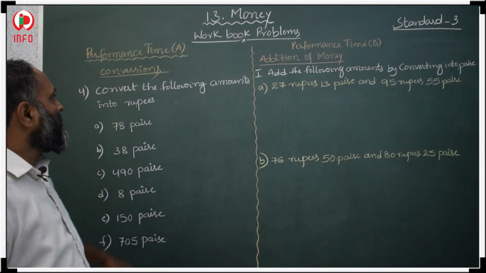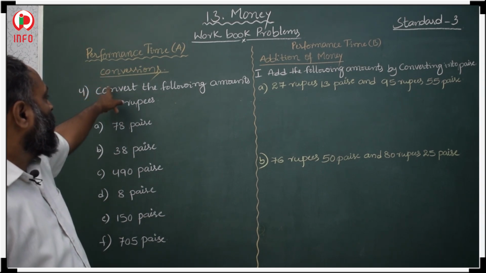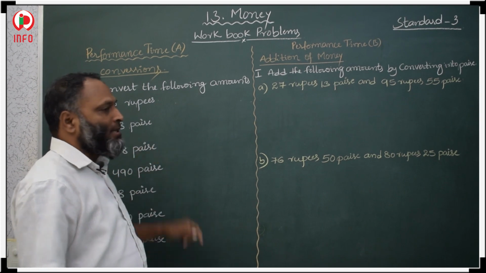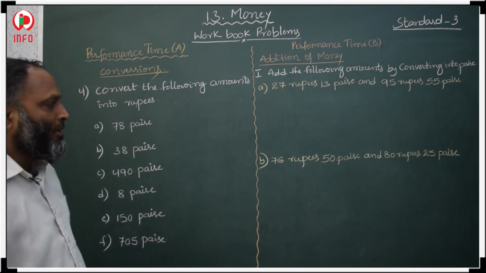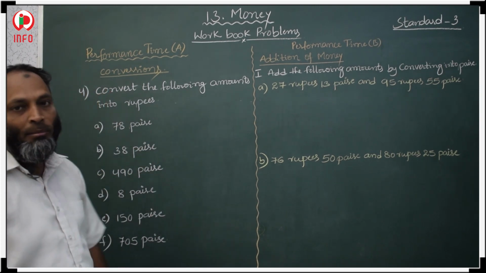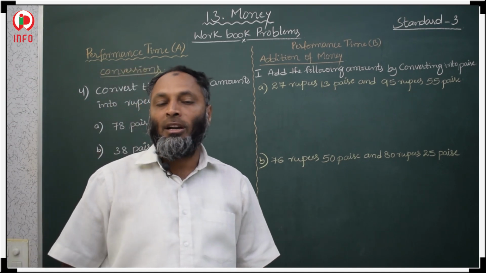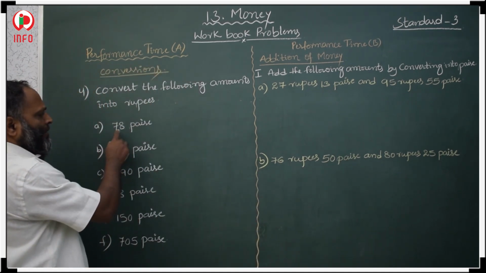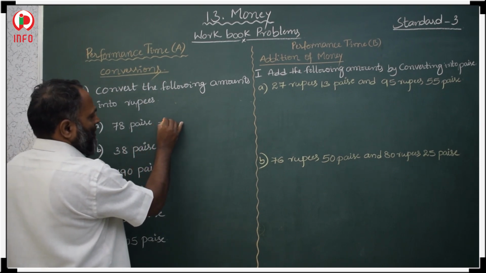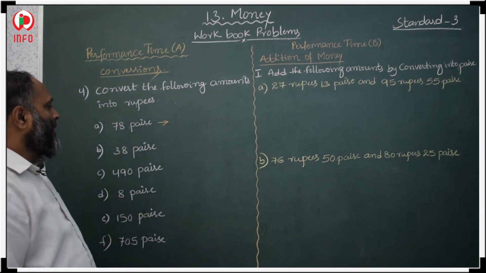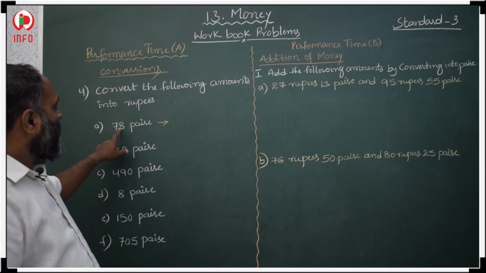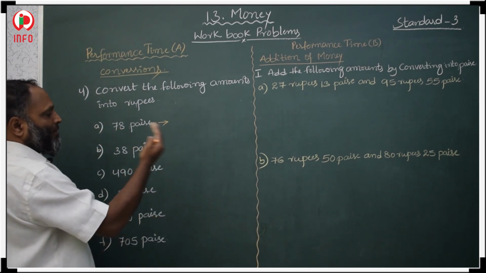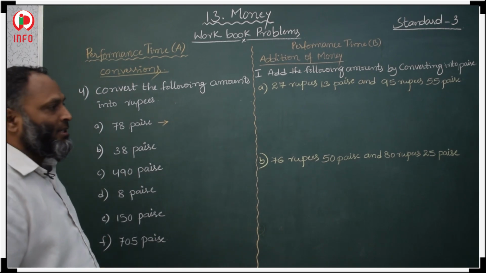Now students, in Performance Time A, the next one: convert the following amounts into rupees. Here some amounts are given in paisa. That amount we should convert into rupees. How to convert? See here, 78 paisa. Whenever we convert paisa into rupees, after 2 digits from right to left, we keep a decimal.